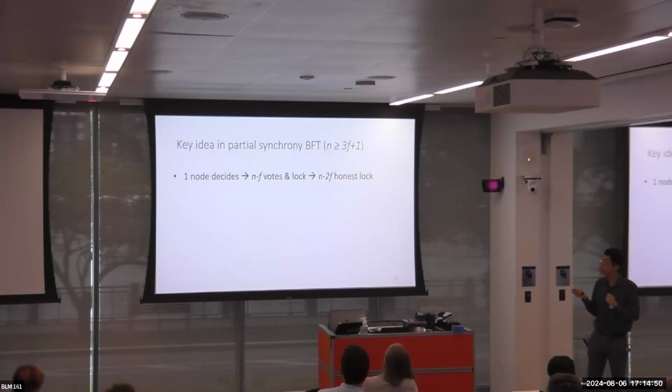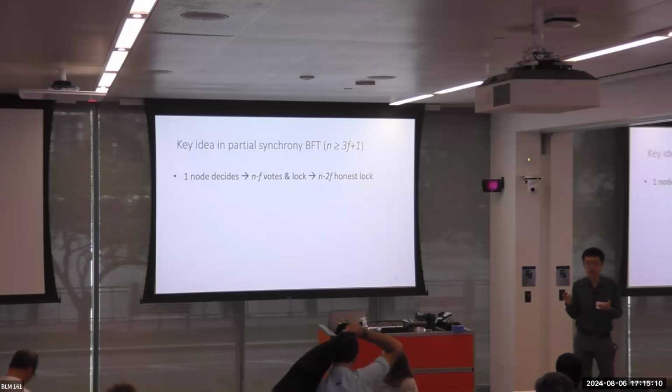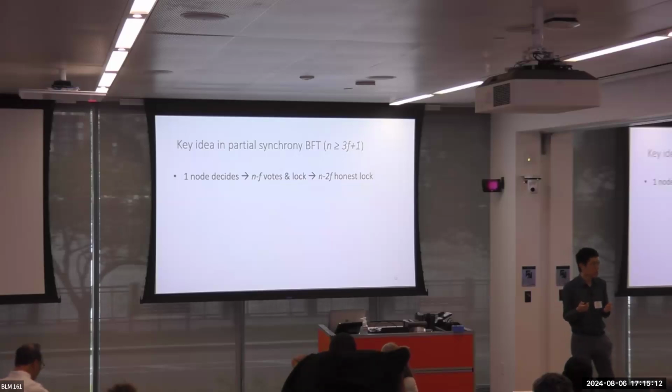So if there is a decision, then there are n minus f votes for that decision. They also require a node to lock on the decision if you vote for it. Lock is kind of like a solved decision. So now n minus f locked on that decision, n minus 2f of those are honest.